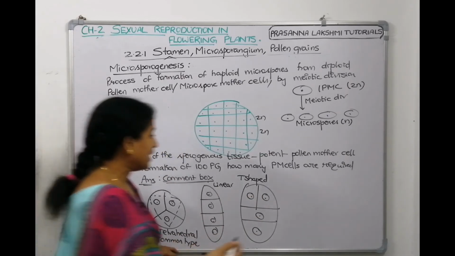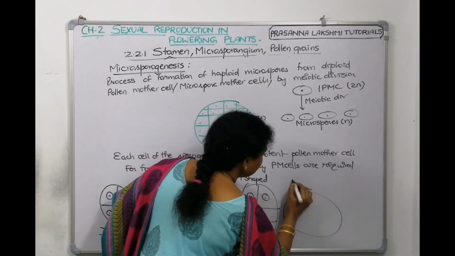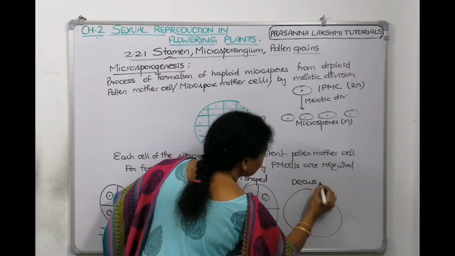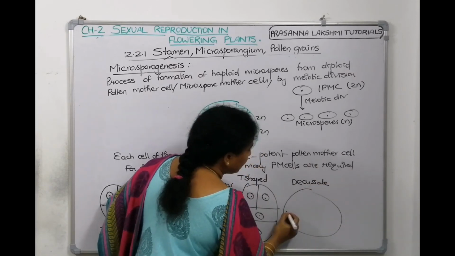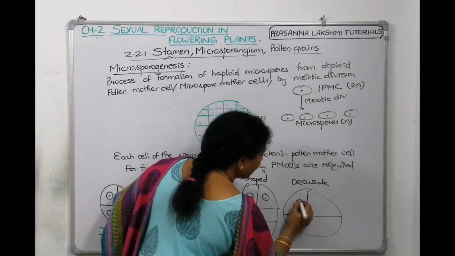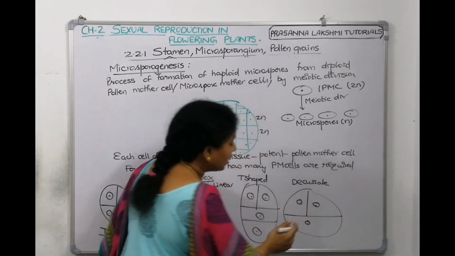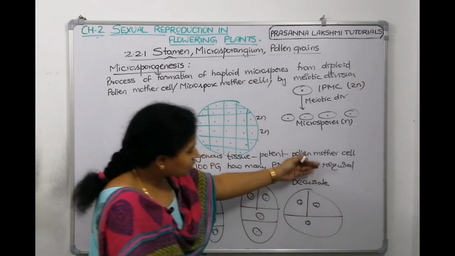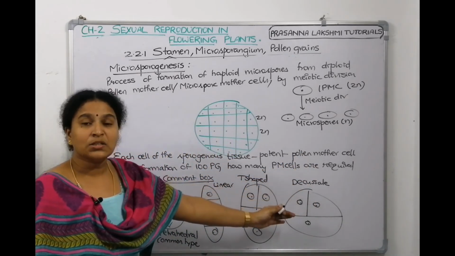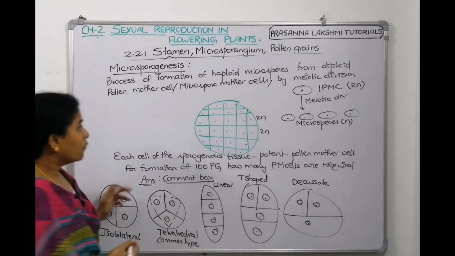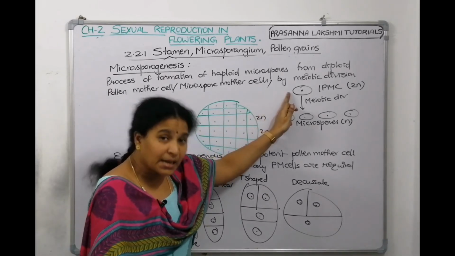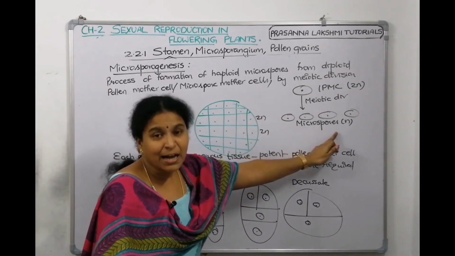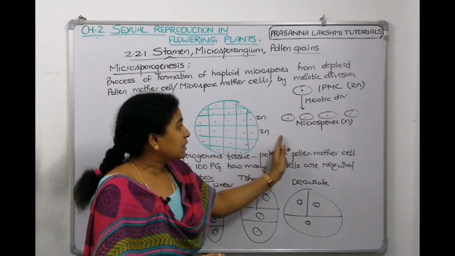We call it decussate. In decussate tetrad, it will be like 1, 2, 3, the other one is behind it, at right angles to those, you have the 4th one. This is decussate tetrad.